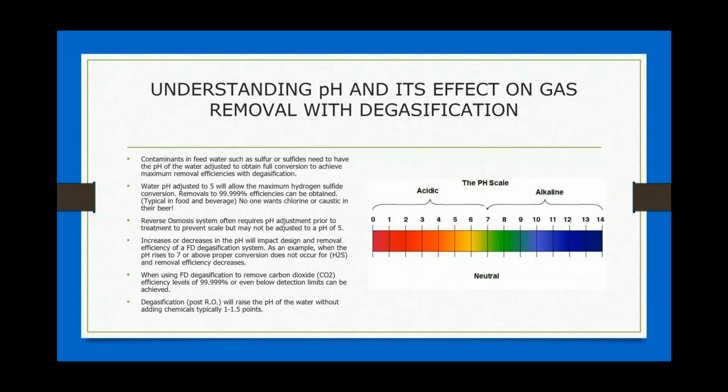And degasification post-RO will raise the pH of the water without adding chemicals, typically 1 to 1.5 points. So if you're going through a degasifier at 6, you're going to come out around 7 to 7.2 on the outside edge, and of course that saves on chemical addition.